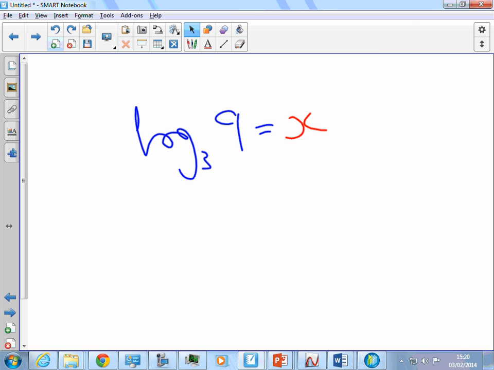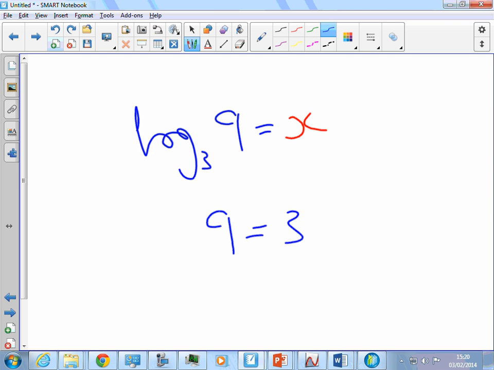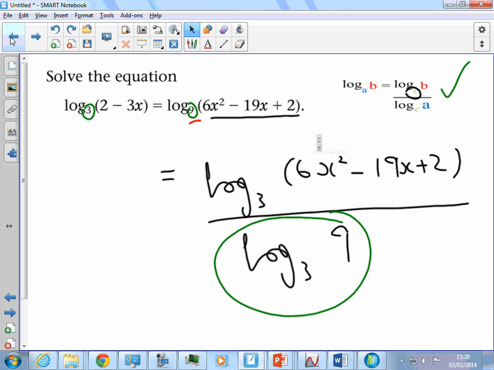And just from the definition of a log, that means that 9 has to equal 3 to the power of x. Okay? And here, 3 to the power of 2 is equal to 9. Therefore, x has to equal 2. So this whole expression is simply another way of writing the number 2.